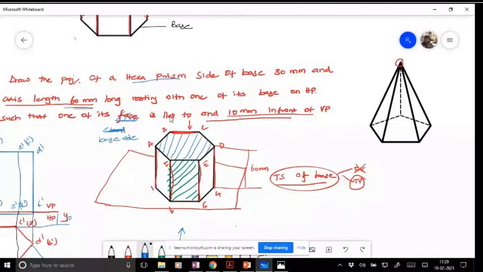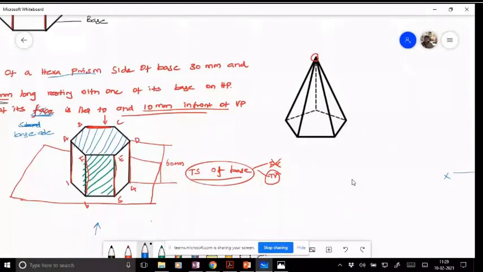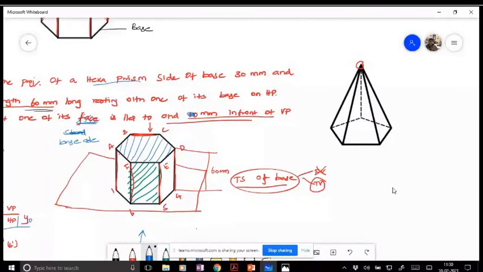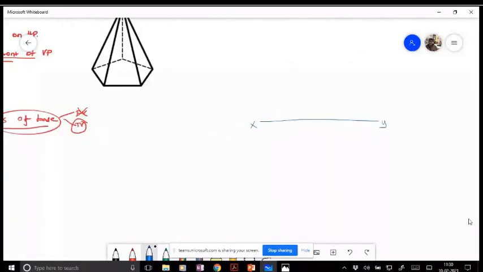Instead of that, let's make this 100 mm. Okay. So what we need to do is, from here, draw a line at 100 mm, you need to draw one base, that is this base, and over that you need to build the pentagon, something like this.